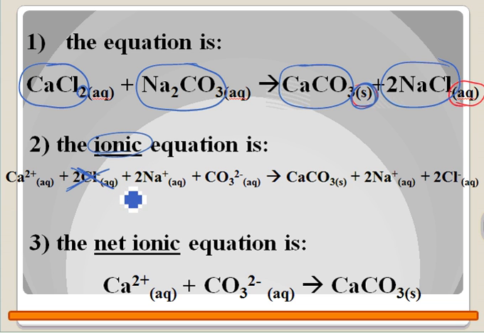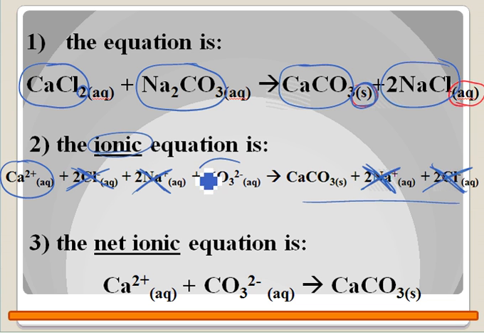We have 2 on this side, and we have 2 on that side. They cancel each other out. We have 2 sodium ions, just like we have 2 sodium ions. What we have left, though, we have calcium ions, which there are none over here. We have carbonate ions, which there are none over here. And on the product side, we still have our precipitate.